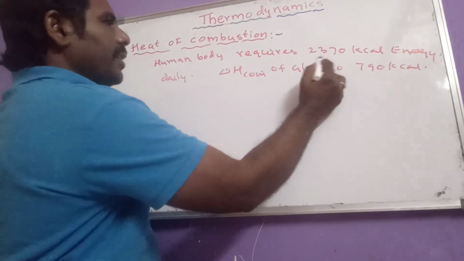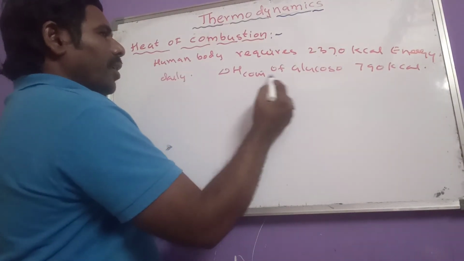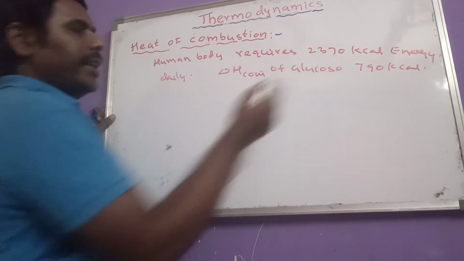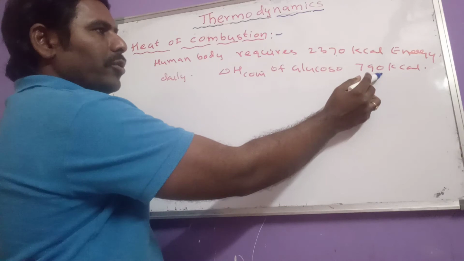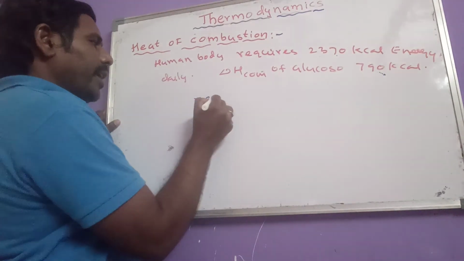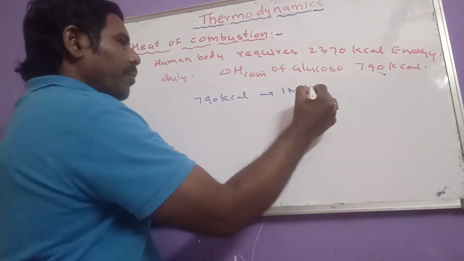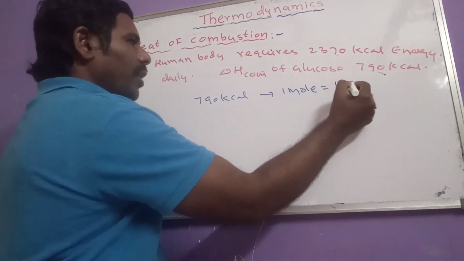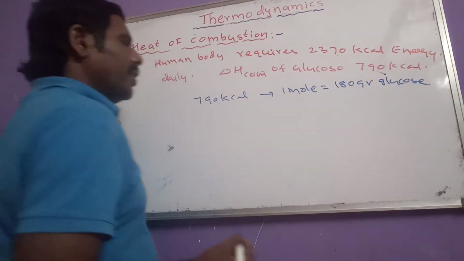We need 2370 kilocalories daily, and 1 mole of glucose, which is the heat of combustion of glucose, means 1 mole of glucose produces 790 kilocalories. 1 mole of glucose means 180 grams of glucose.